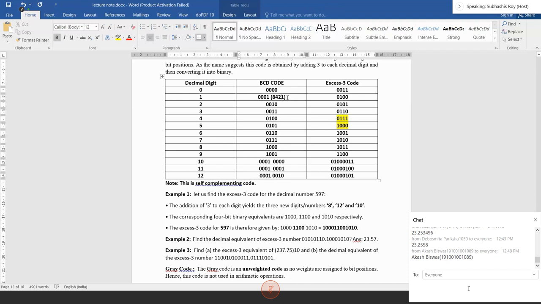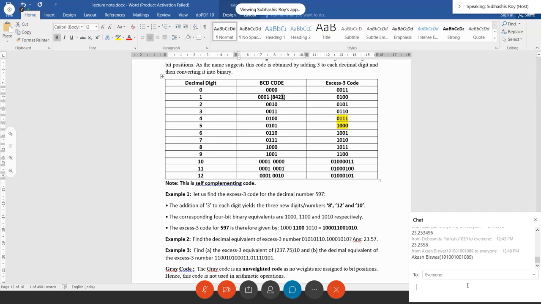Weight means the weight of the bit position. So the 0th position weight is 1, first position weight is 2, second position weight is 4, third position weight is 8. So this is the position value, and this is the digit, so you need to multiply these.